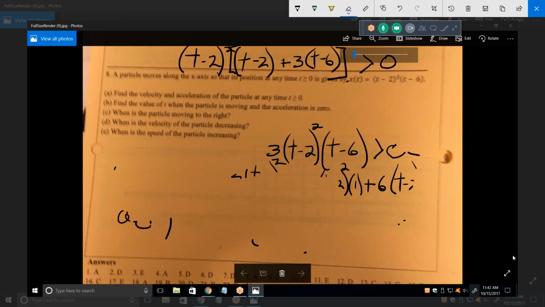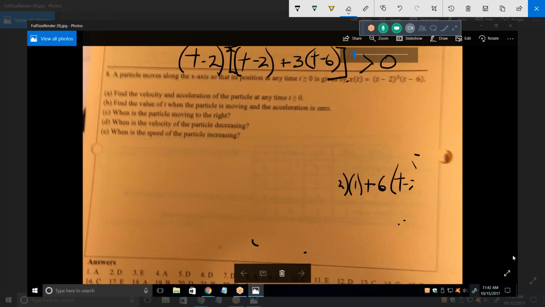So, when you have the product of two things, a times b is greater than 0, here's the way you solve it. You figure out your critical points. What makes that 0? What makes that 0? Either one are your critical points. Well, we have one critical point at t equals 2.